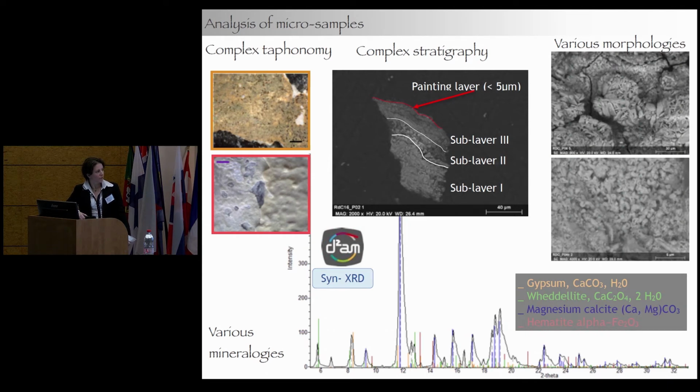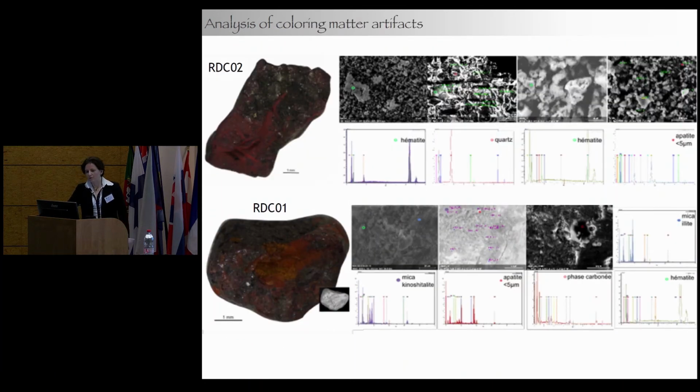And we find again the hematite with a very low crystallinity. About the coloring matter, a large variety also of morphology, and a large mixture of hematite with quartz, with also apatite.